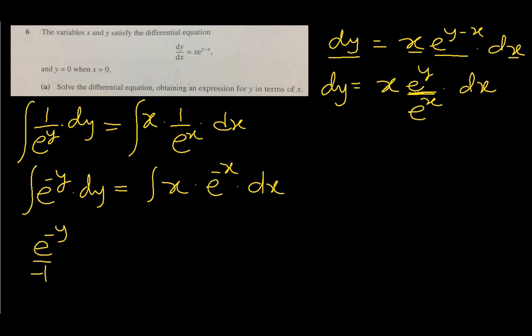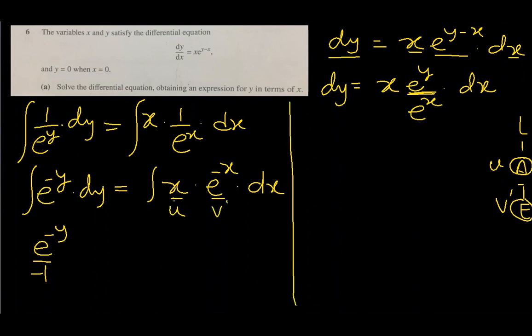So in our list of by parts, we have one algebraic and one exponential. That means this will be u, this will be v prime. So algebraic x is our u and e to the power minus x is v prime.